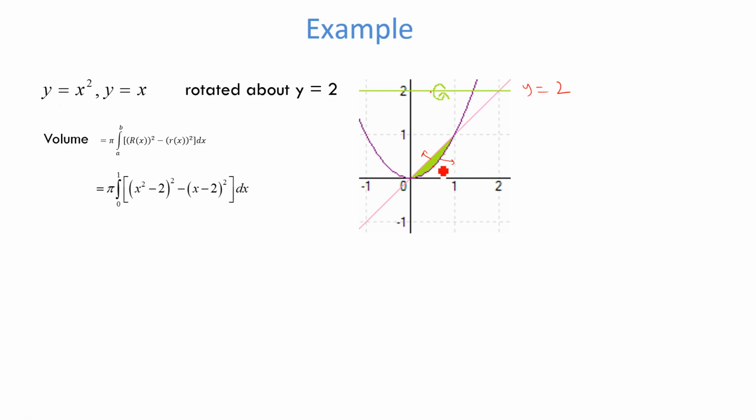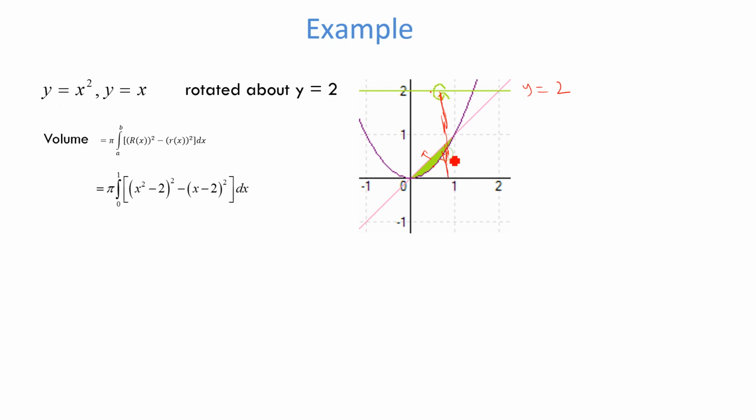Now, since we are going to rotate about y = 2, so what is the value of, let me draw the line so that you can be able to, I'm sorry, I'm not able to draw the straight line. Okay, let's assume this is a straight line.